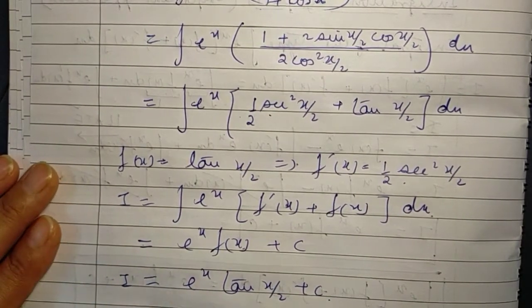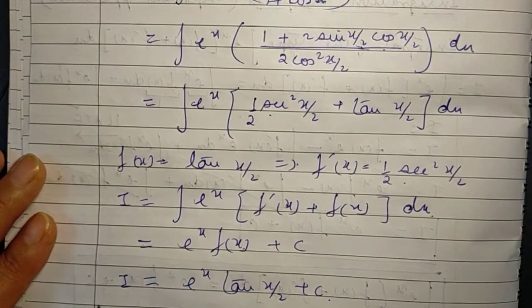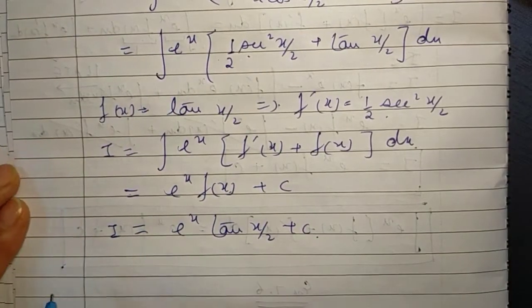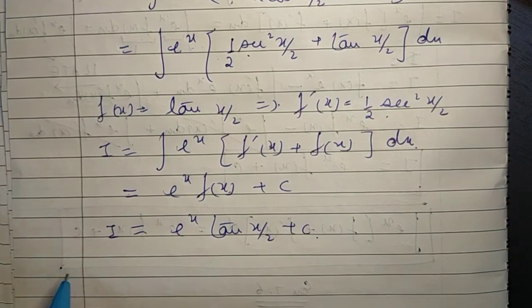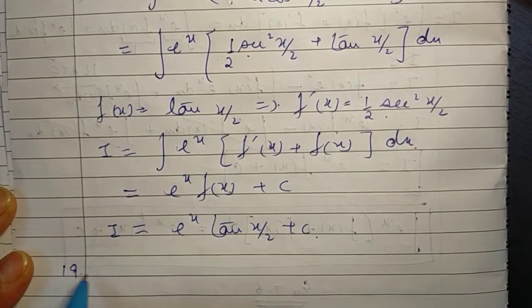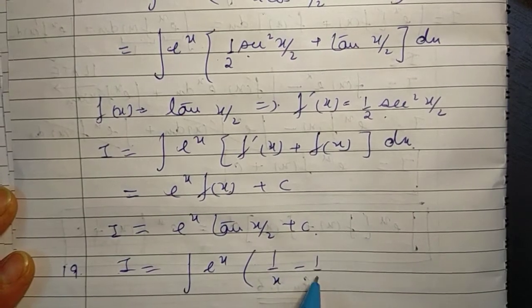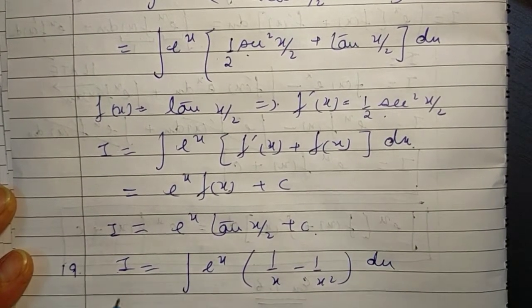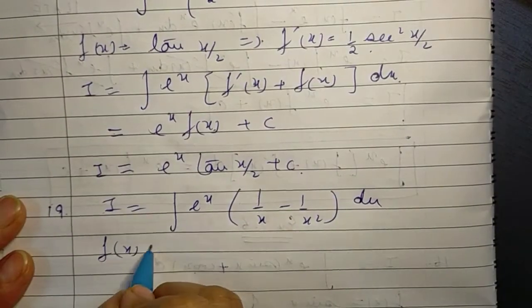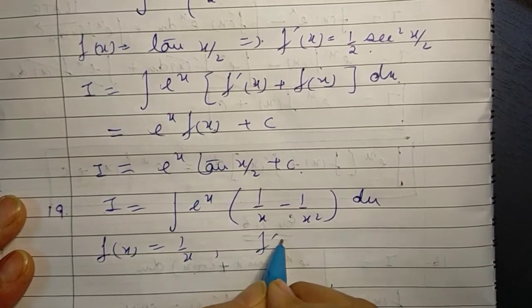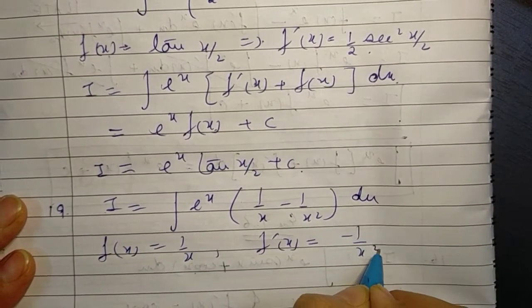So in the same manner we can do similar questions, like question number 19 is a direct one, where one function is here. Question number 19 is a direct application of this. Directly we know that f(x) here is 1 upon x and f'(x) is minus 1 upon x squared.